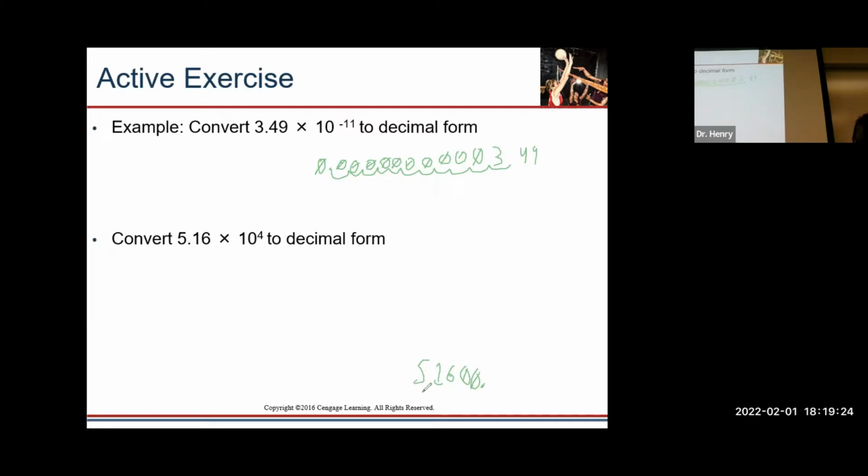And then 51,000 here, 51,600. Piece of cake. Everybody agree? Anybody disagree? Good.